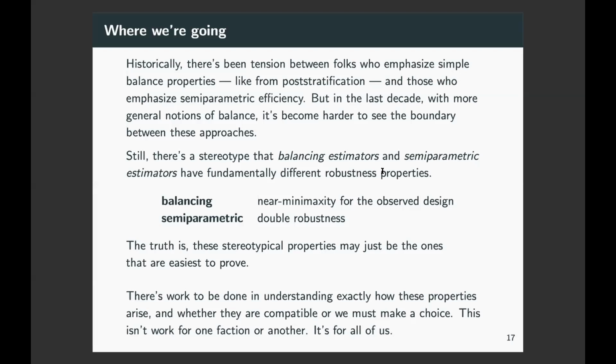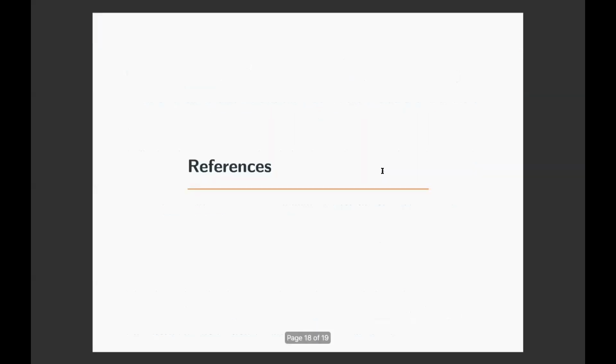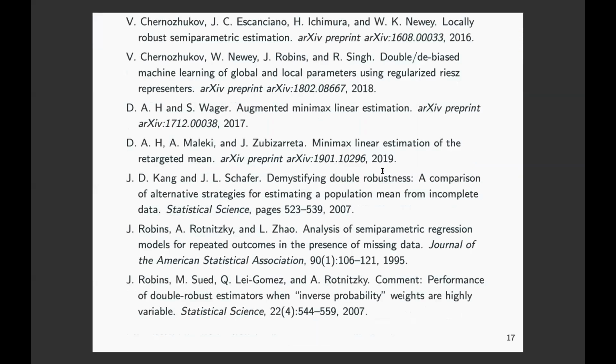There's really a lot of work to be done in understanding exactly how these properties arise and whether they're compatible or we have to make some kind of choice. And this really isn't work for one faction, balancing folks or non-balancing folks. It's work for all of us. So thanks for listening, and thanks to the organizers for the opportunity to say my piece. I'll show some references and take any questions if time allows.